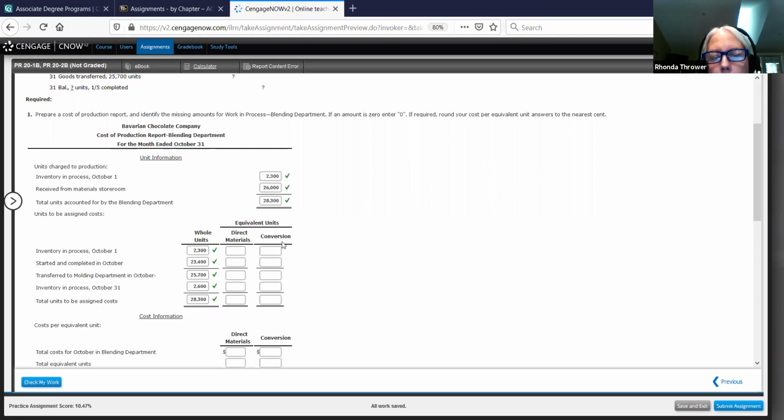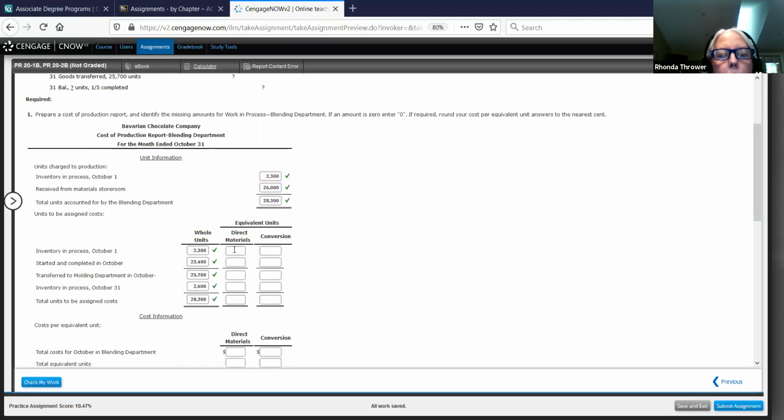Conversion costs are just combined by taking the total amount of our direct labor and adding our factory overhead to that. So they split these between direct materials and conversion cost. Conversion cost, again, are your direct labor and your factory overhead combined.